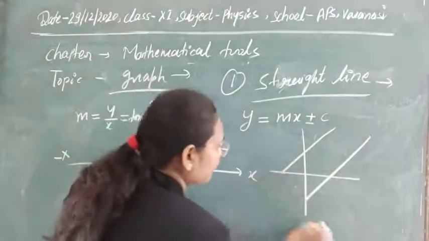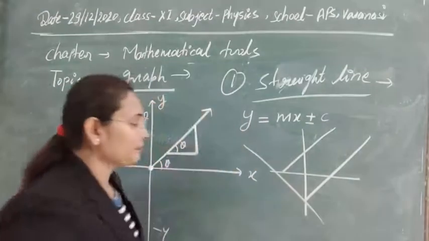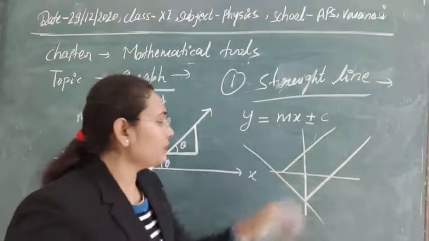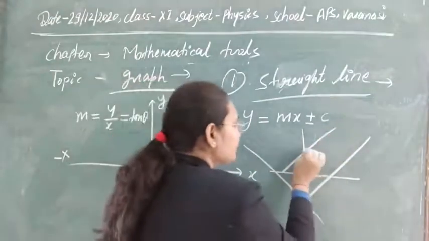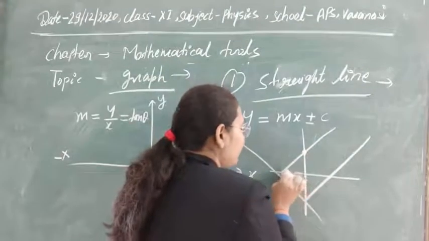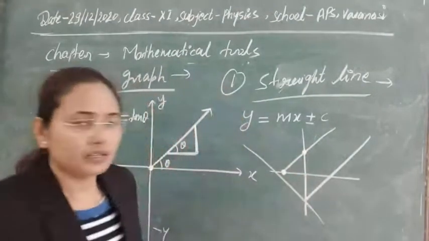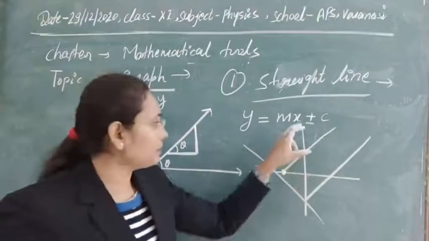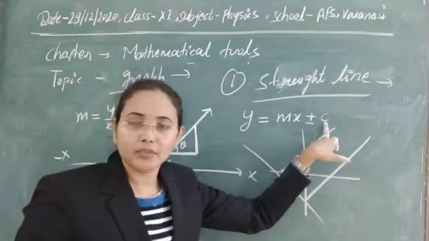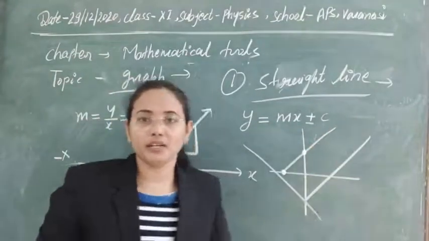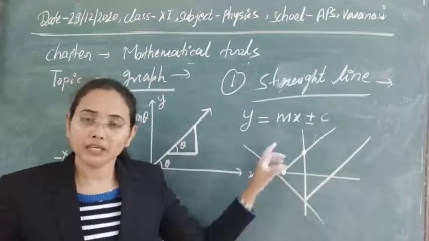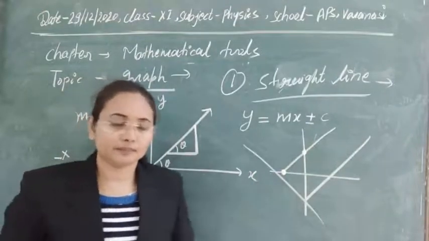There are a number of ways it can pass. This line is intercepting the y-axis and x-axis at some places, and these intercepts are represented by c. So c gives the coordinates of the intercepts formed by the straight line.